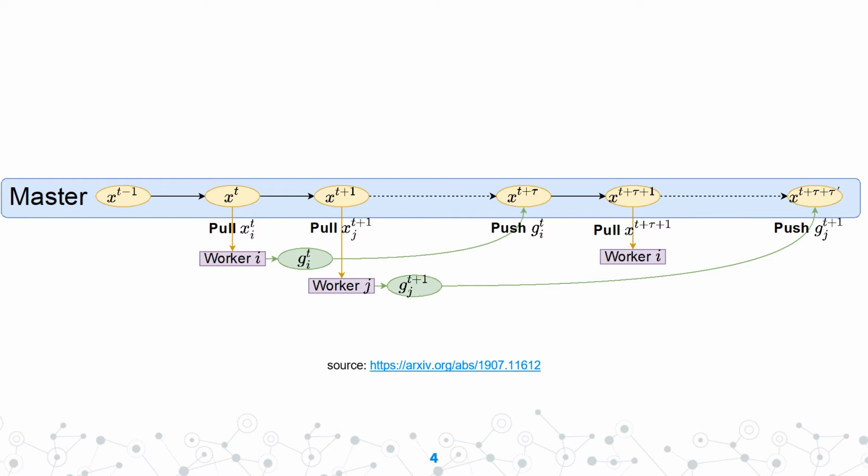However, the master's parameters have already progressed, and thus the gradient g_i^t is stale. In this example, the master progressed tau steps. The distance between parameters x_t and x_{t+tau} is defined as the gap. When the gap is larger, the stale gradient becomes less accurate.